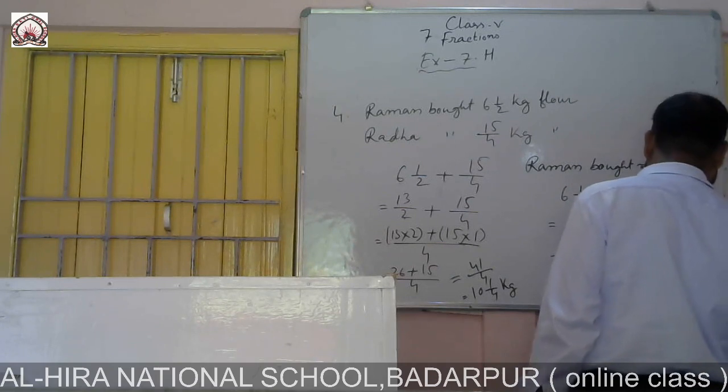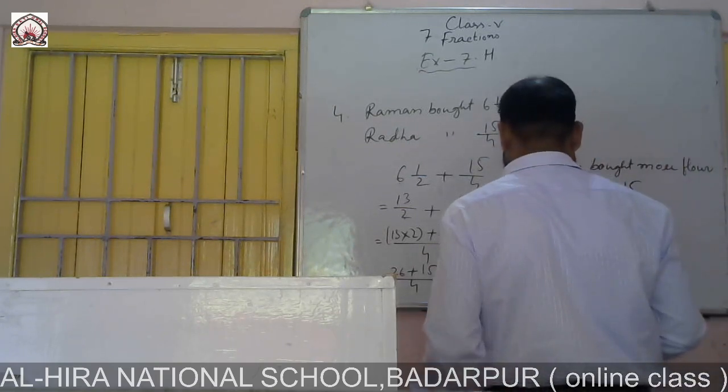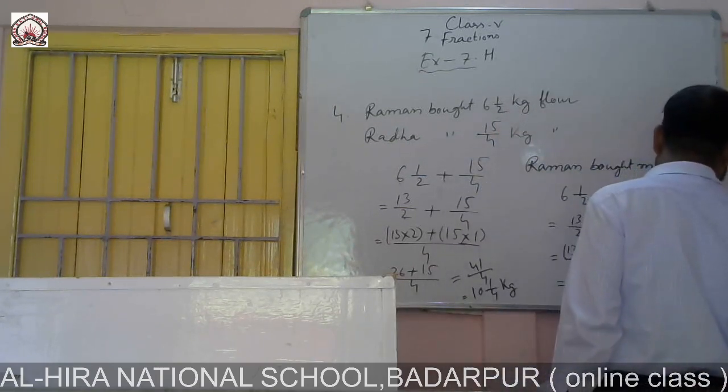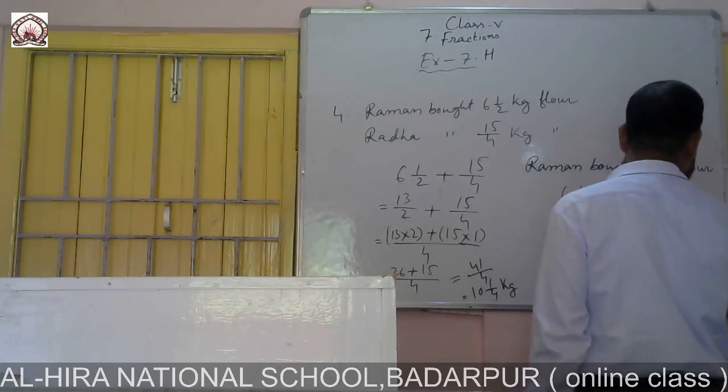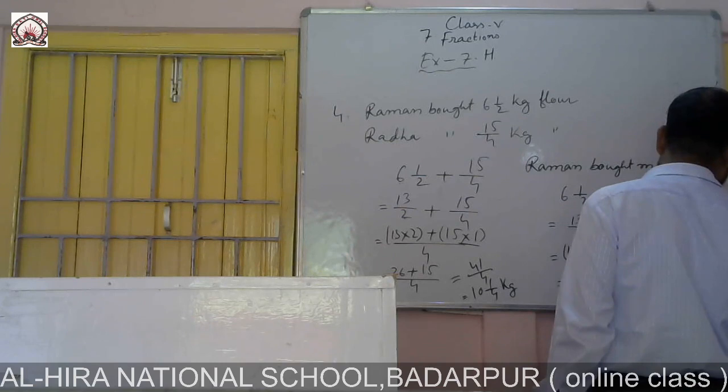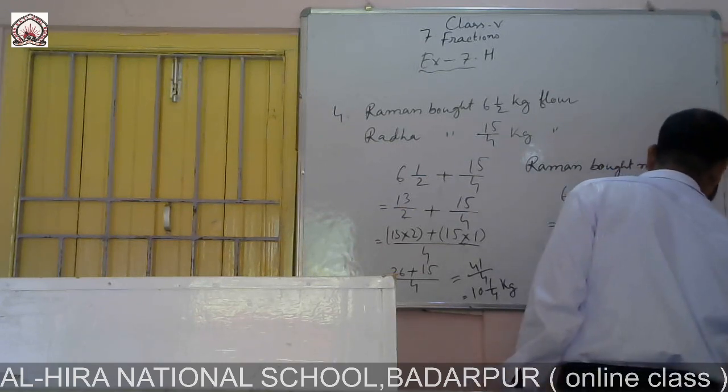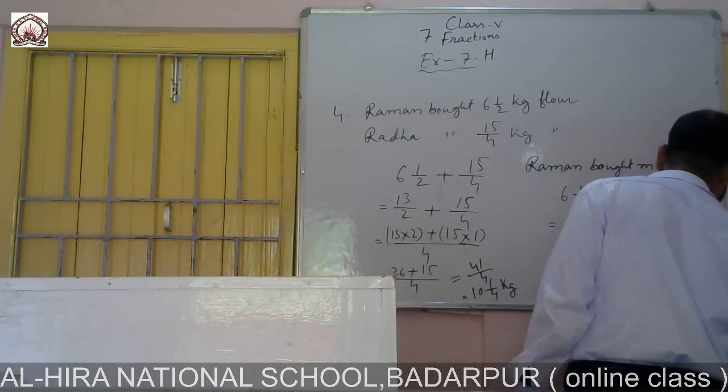If we make it a mixed fraction, 4 2s are 8, remainder 3. So the answer is 2 3 by 4 kg.